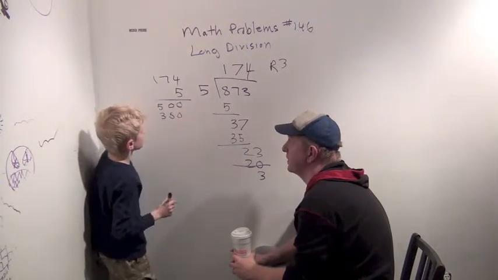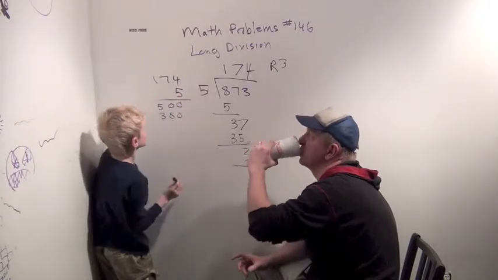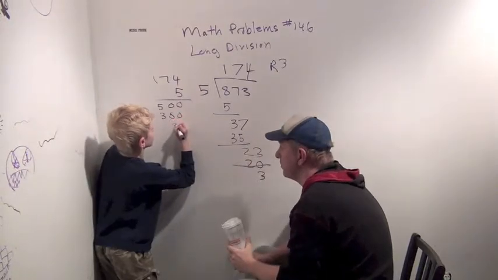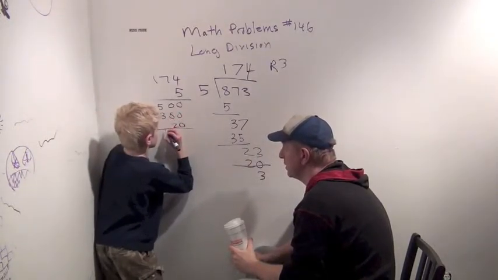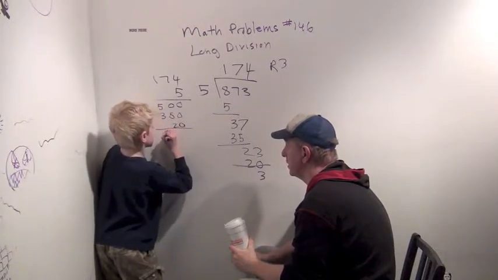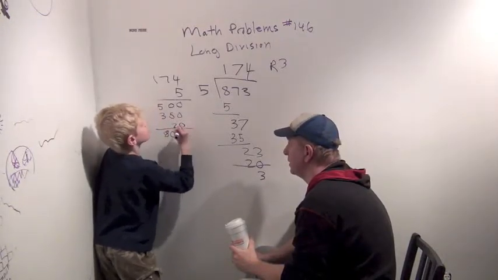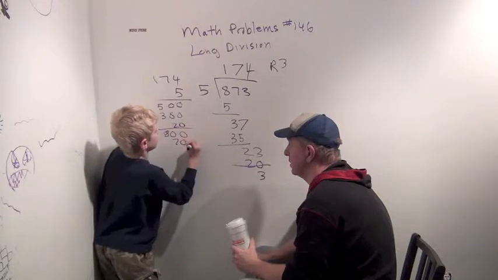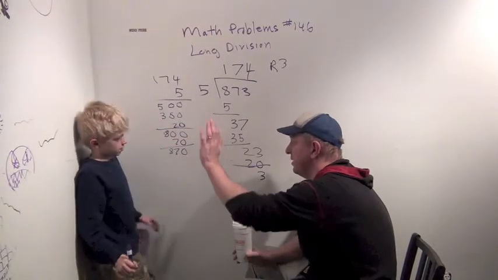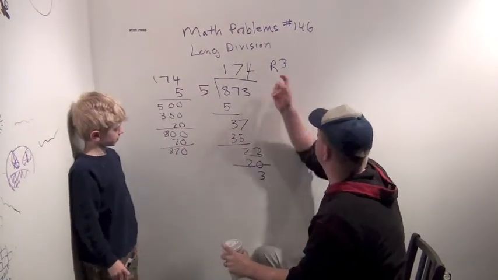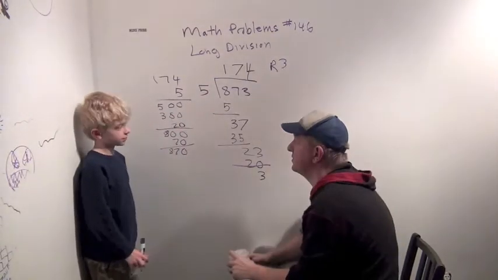And last, 4 times 5 is 20. Then you add it up. 870. High five. And then we have a remainder of 3, so that gets us up to 873.